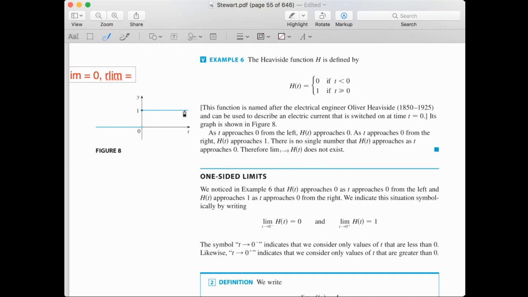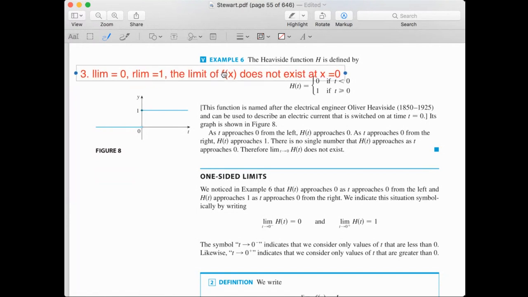So it's a constant function on each side. The only problem is at x equals 0. Then the right limit equals 1. So we see the limit does not exist. They do not agree. The limit of f of x does not exist at x equals 0.